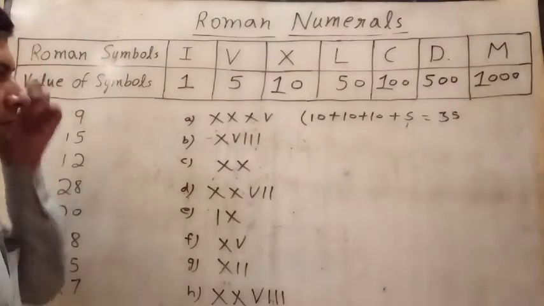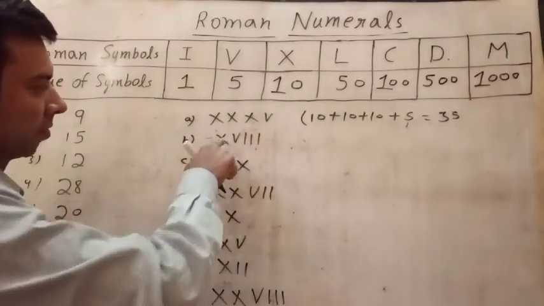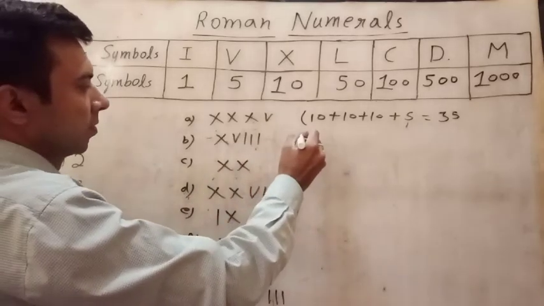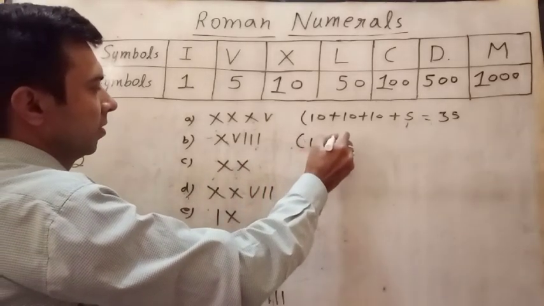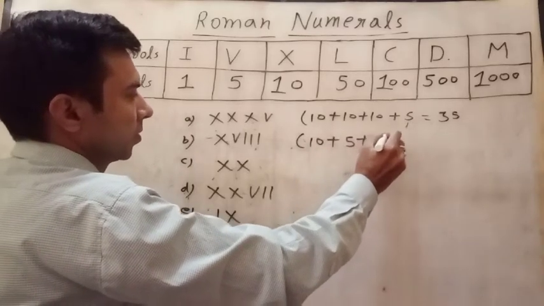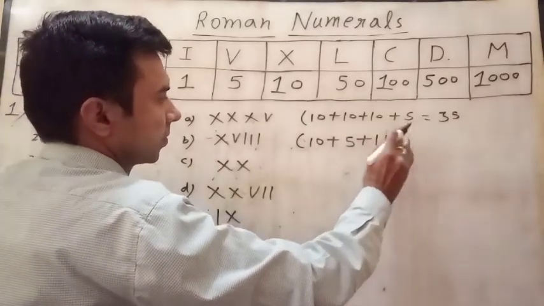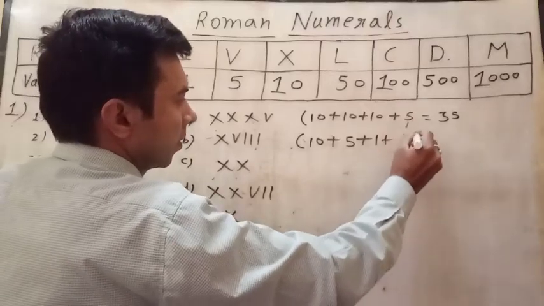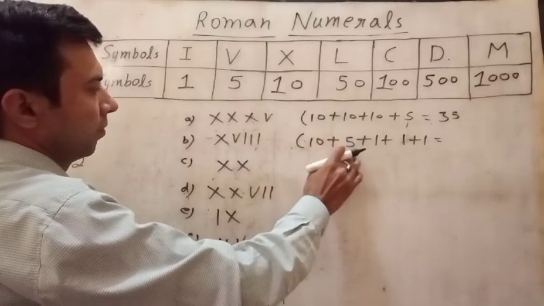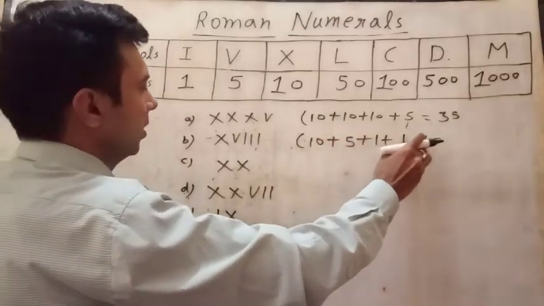Clear? XVIII. 10 plus 5 plus 8: 10, 5, 15, 16, 17, 18.